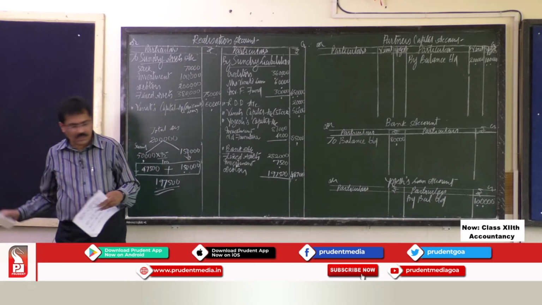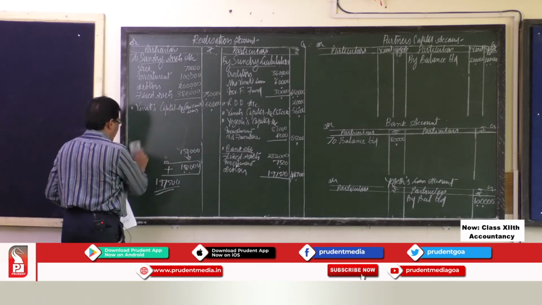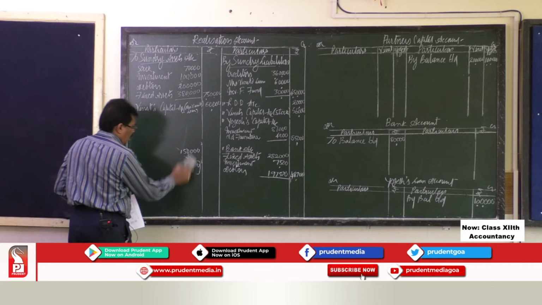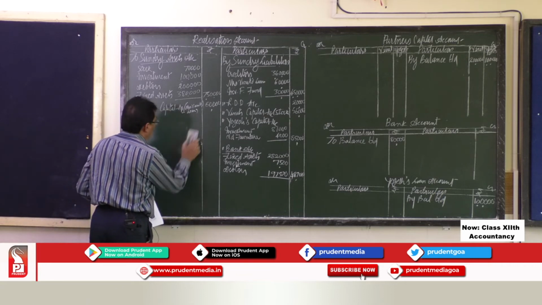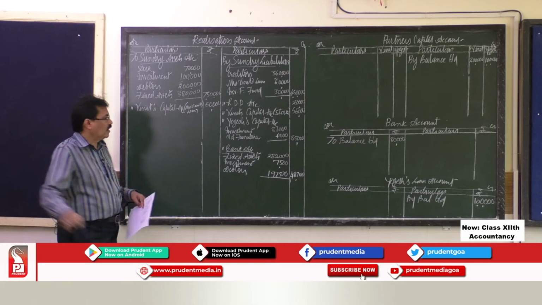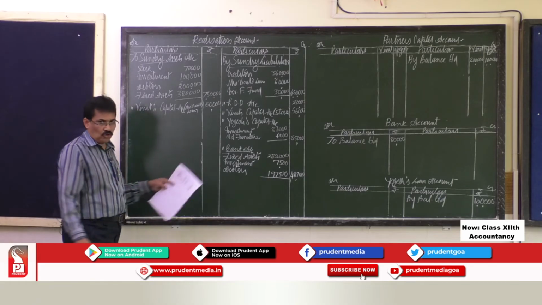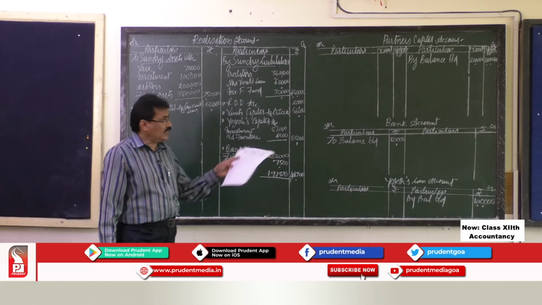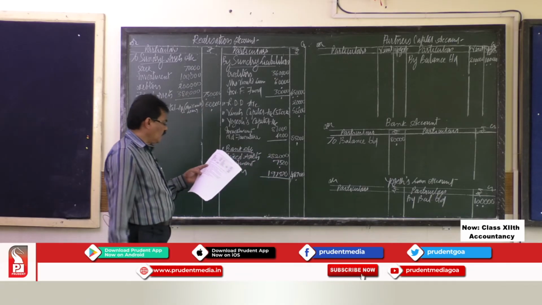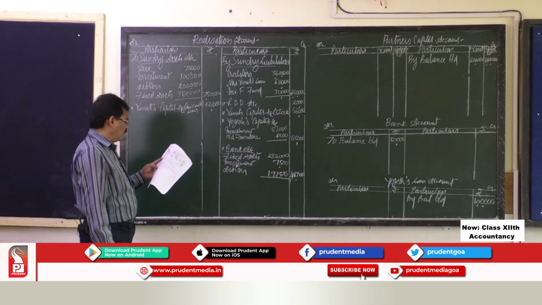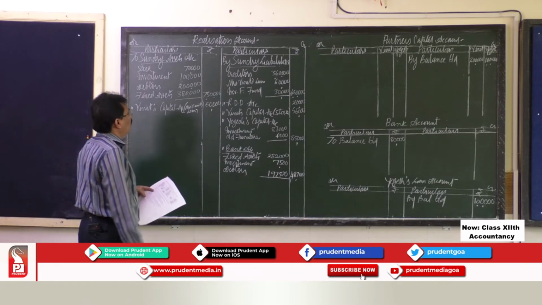Now we can start making payment. Since we have got sufficient money to pay for the external liabilities, first you have to pay the external liabilities. Now adjustment number 6 is creditors were paid rupees 3,50,000 in full settlement of their claim.